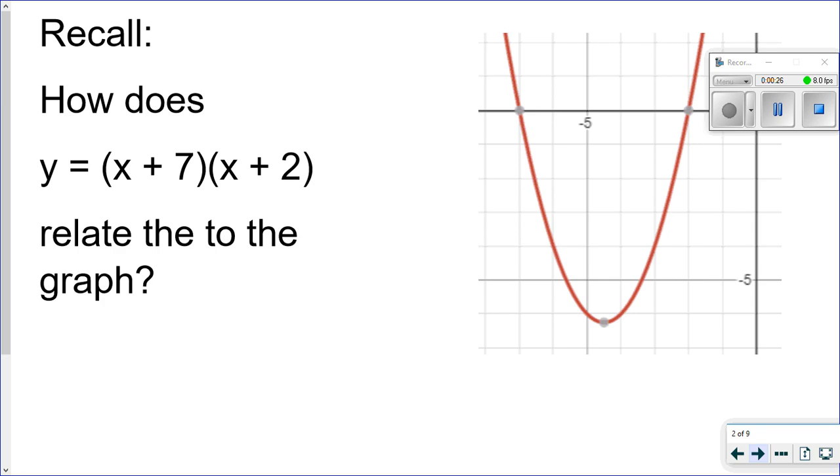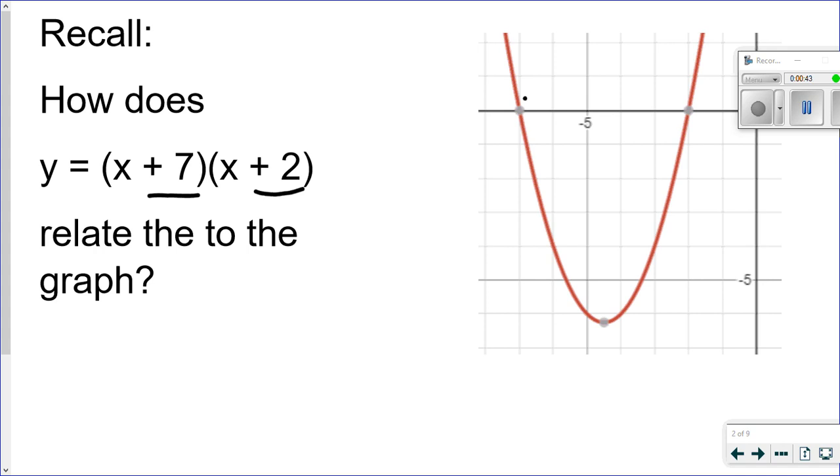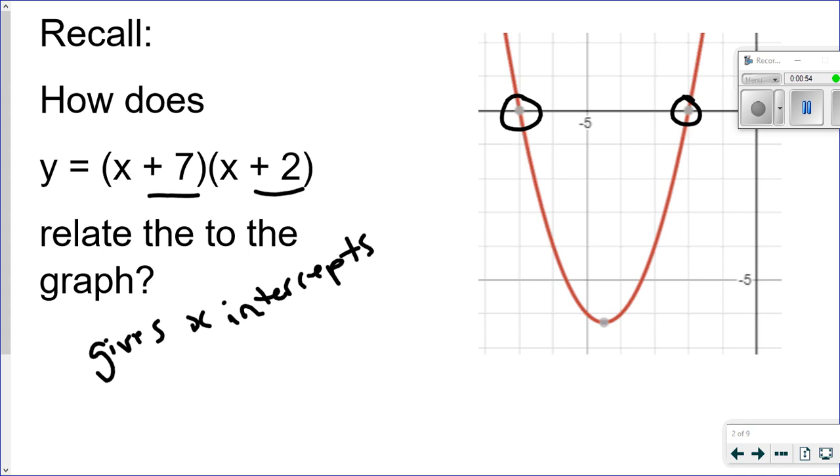So let's back up just a little bit. How does the equation in factored form relate to the parabola, relate to the graph? Well, if you look at the numbers, it gives the x-intercepts, although you need to remember to change the sign.